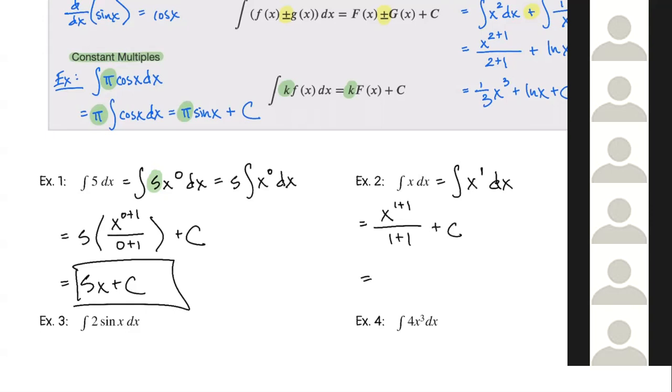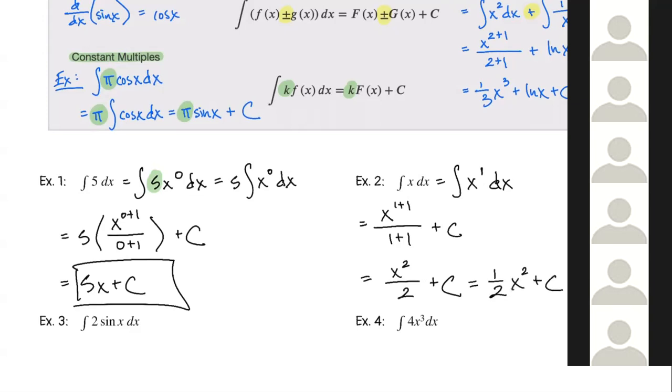And when we clean that up, we should get x squared over 2 plus c. And what is another way to write x squared over 2? One half times x squared plus c.